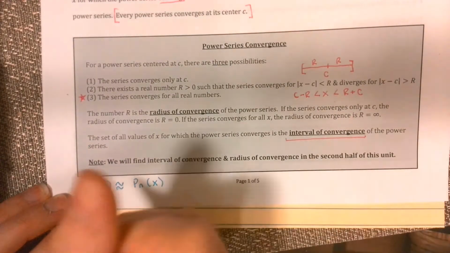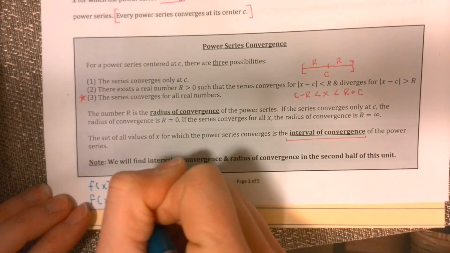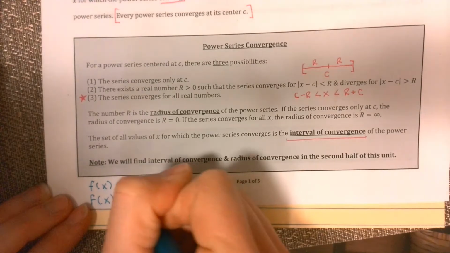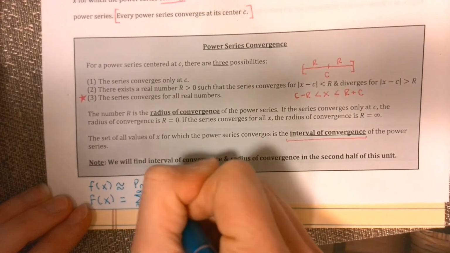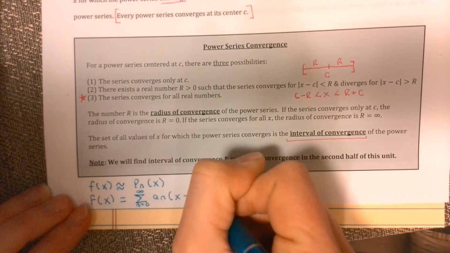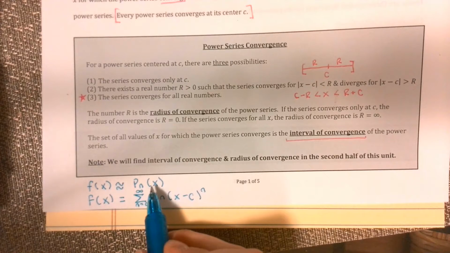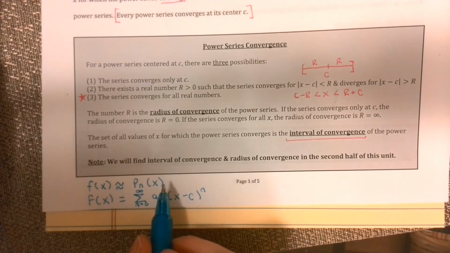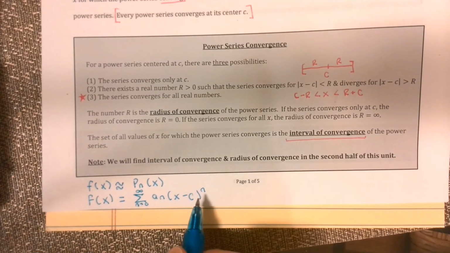But a function is equal to its series representation, which I will represent using the general formula for series found above. So the function is approximately the Taylor polynomial because the Taylor polynomial stops. It does not have an infinite number of terms, but the function is exactly equal to the power series that represents it.